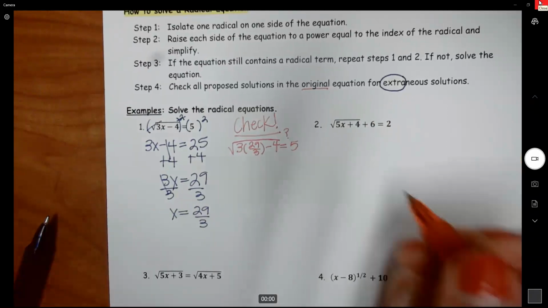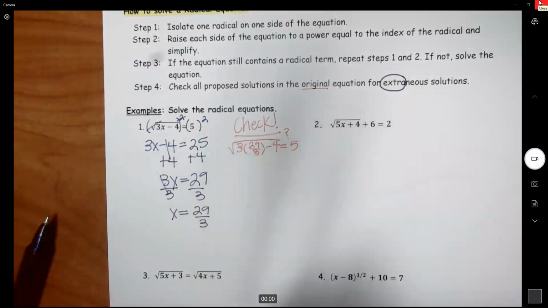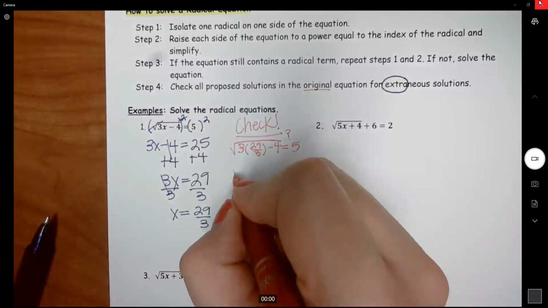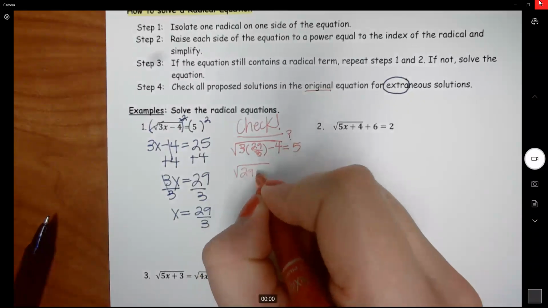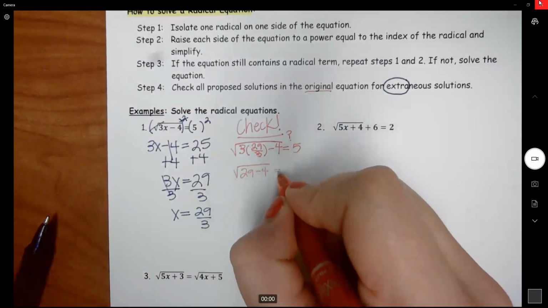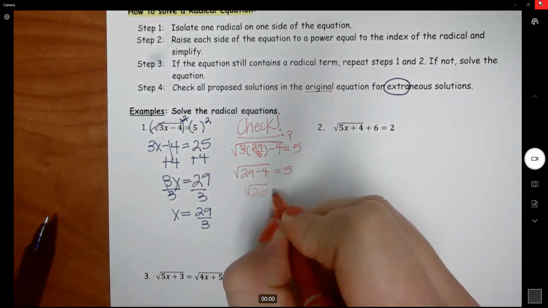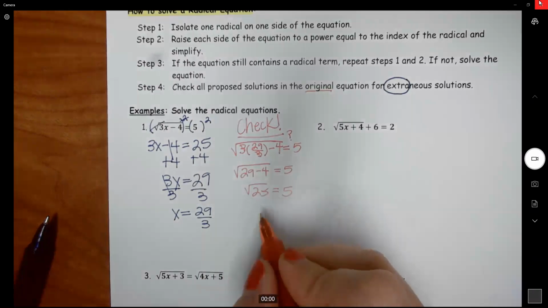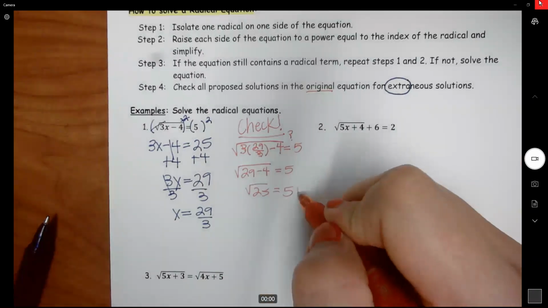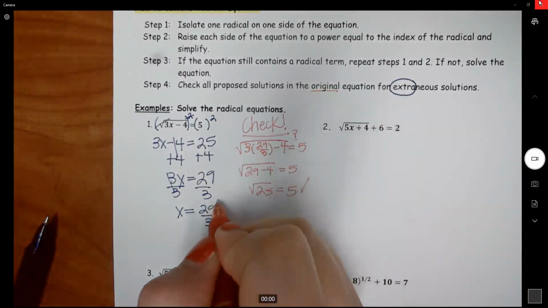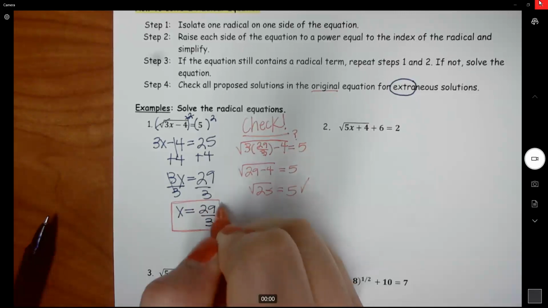So simplify over here. Those 3's will cancel. So I've got 29 minus 4. 29 minus 4 gives me 25, and the square root of 25 is 5. So that checks out, and so this is my solution.